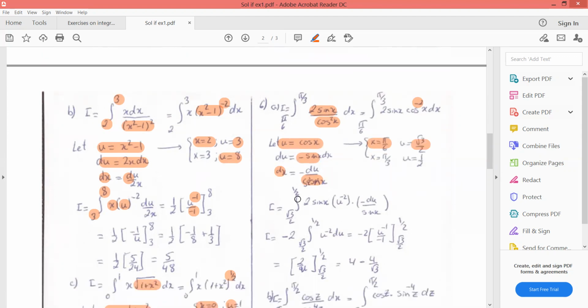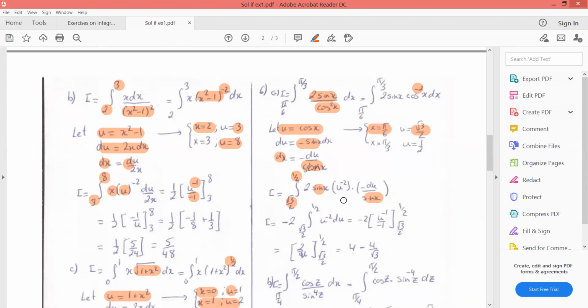So this pi over 6 is changed into radical 3 over 2. Pi over 3 is changed into half. 2 sine x, u power minus 2 minus du over sine x. This sine x and that sine x simplify.